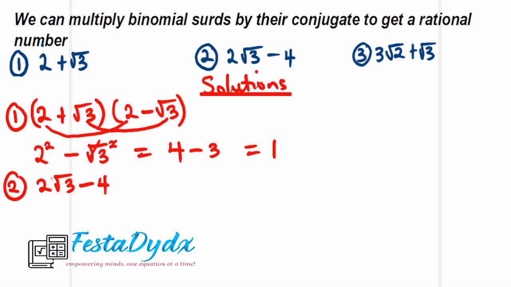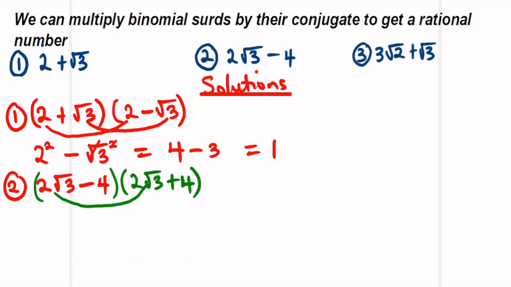Now for number 2, we have 2 root 3 minus 4. So the conjugate of this surd is going to have a plus sign: 2 root 3 plus 4. Now let's take the first one, this times this. So we have 2 root 3 times 2 root 3. We have to take the whole number first before the radical number. So 2 times 2 is going to give us 2 square, and then we'll have root 3 square.